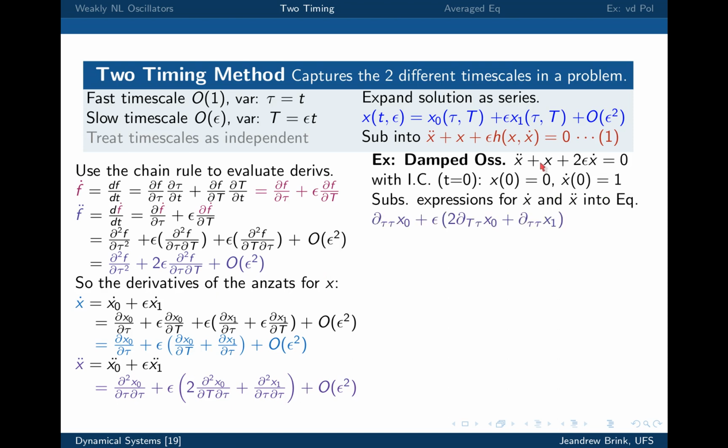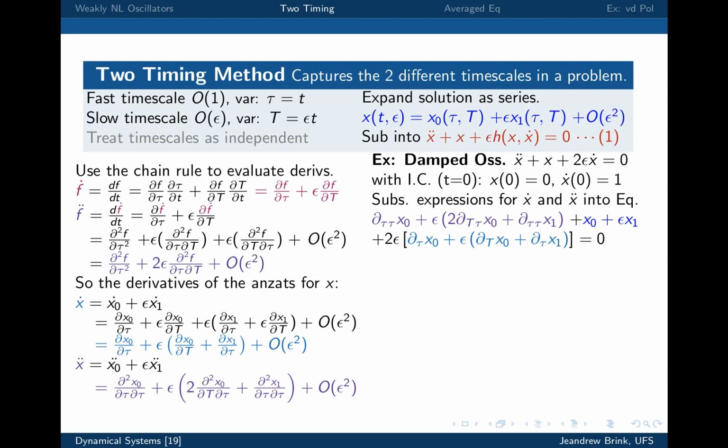So this is x double dot that I just got from over here, plus x, which is just x0 plus epsilon x1, plus 2 times epsilon times this first derivative, which I got over there, and equals 0.